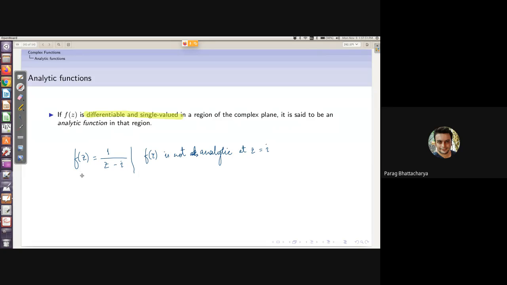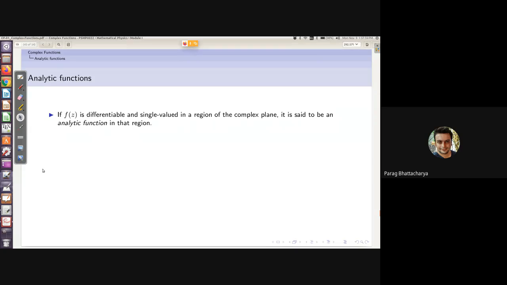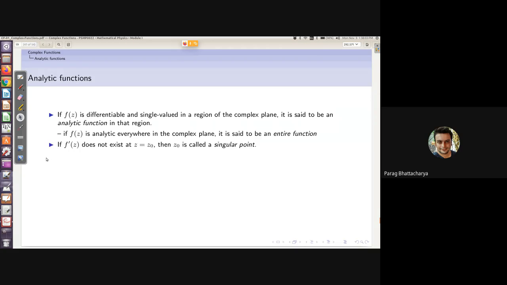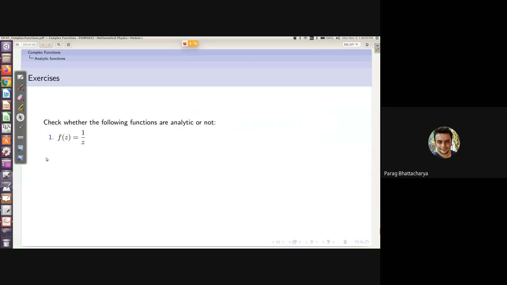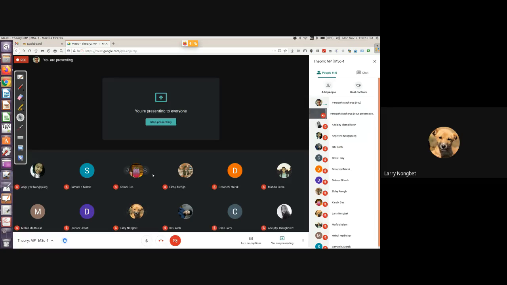So you can quickly follow this instead of going through the entire series of steps for finding at which point it is not analytic. You can just directly look at the function and find out. That's what I did in this problem. Otherwise, for analyticity, you just have to check the Cauchy-Riemann conditions. Does that answer your question, Larry? Yes, sir.